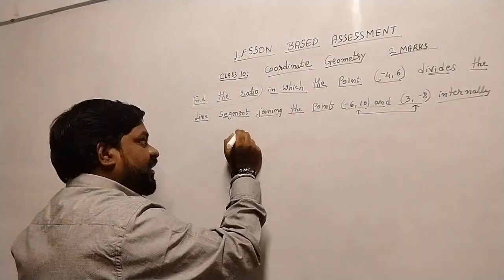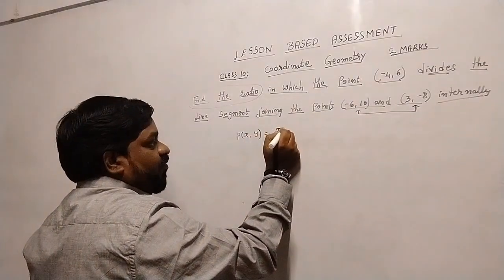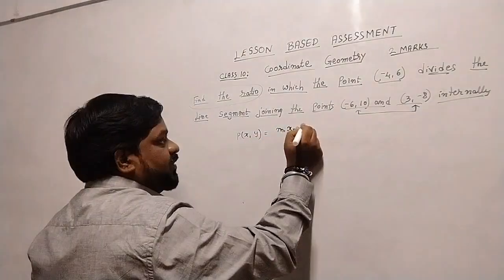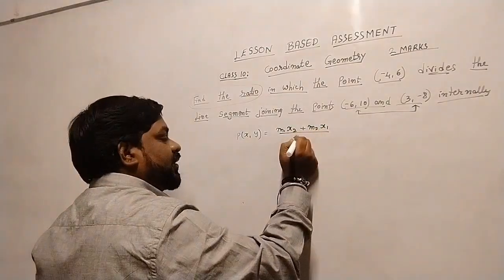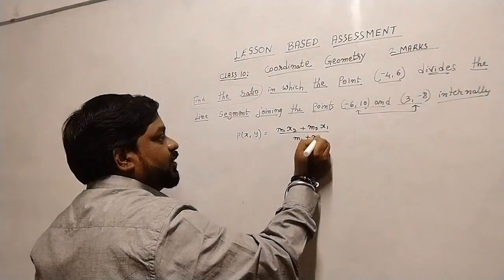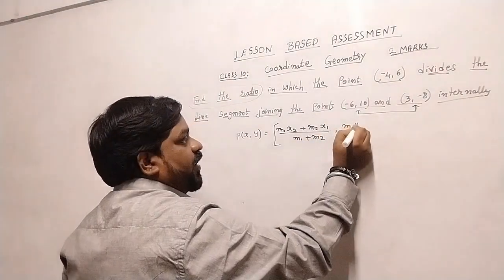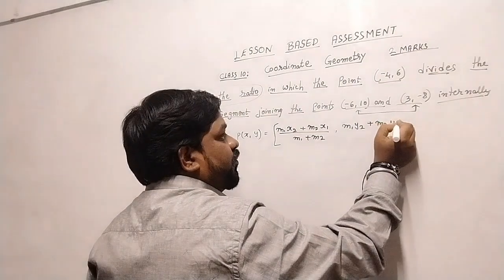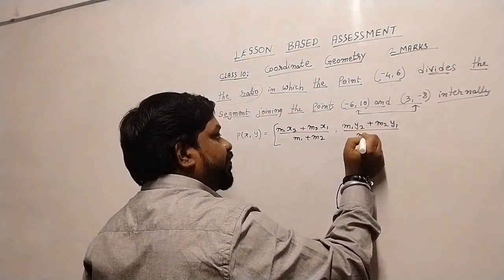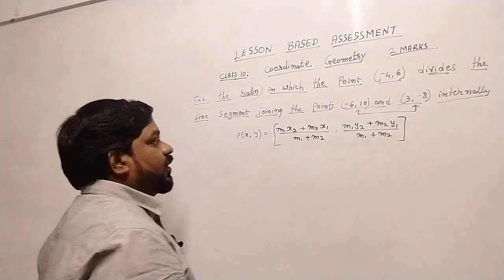Here first write the formula. m1 x2 plus m2 x1 by m1 plus m2 comma m1 y2 plus m2 y1 by m1 plus m2.